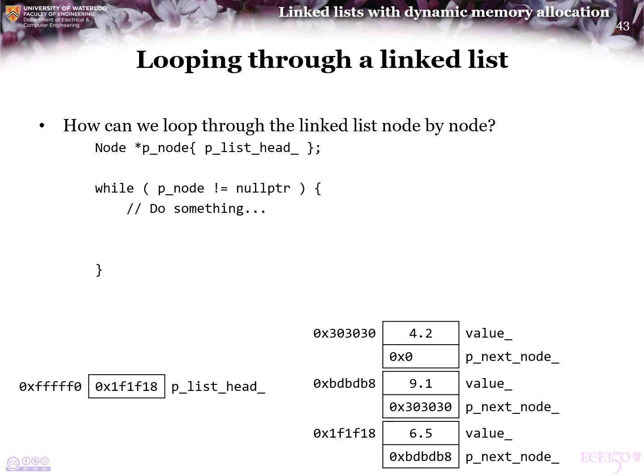What we do depends on what task we're trying to achieve or what return value we're looking for. At the end of this loop, we will set this local variable to be whatever the node that this local variable is currently pointing to has as its next node member variable.